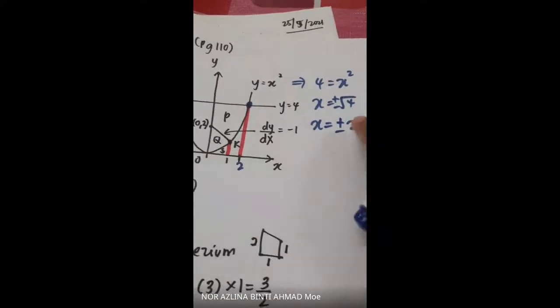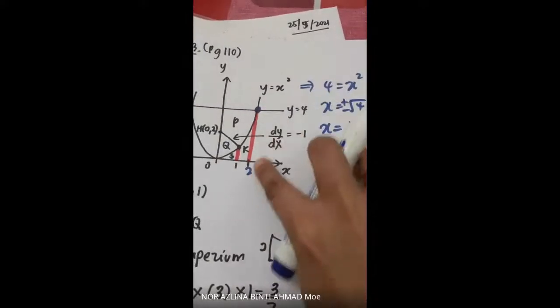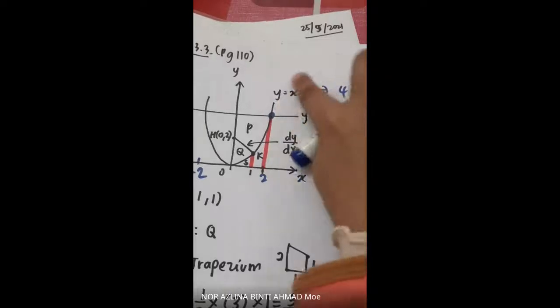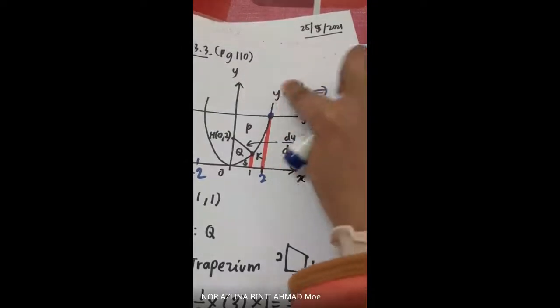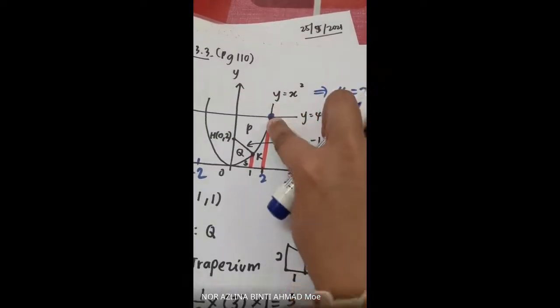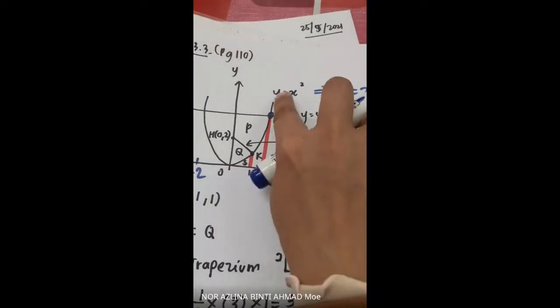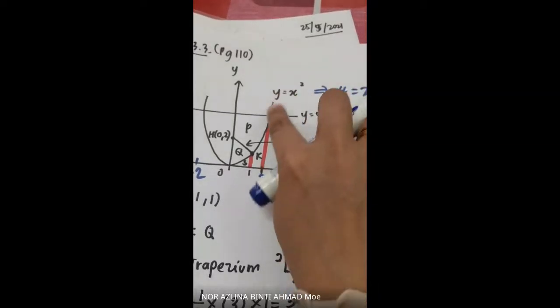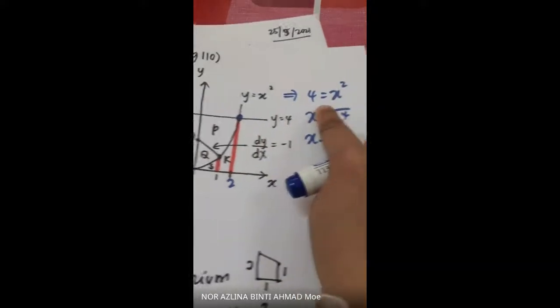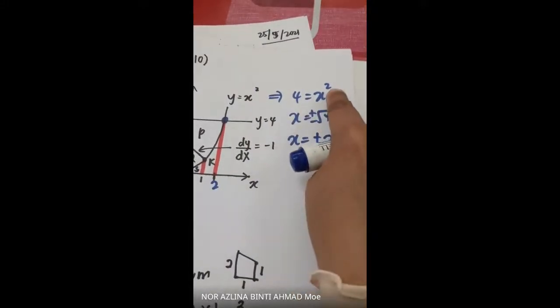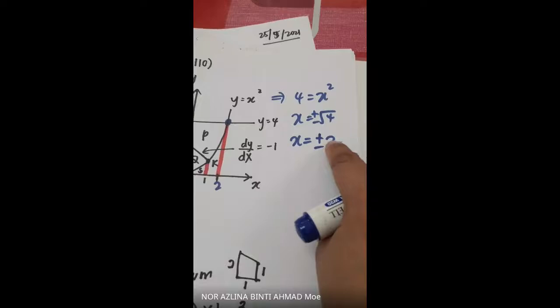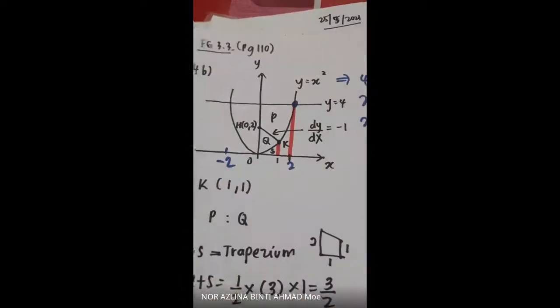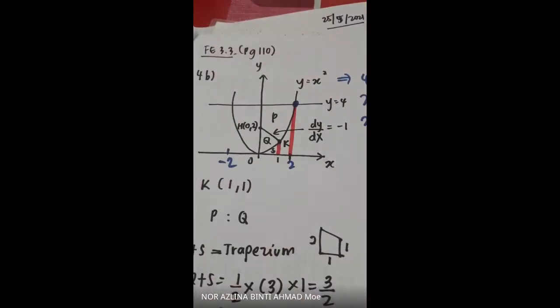Setakat ni boleh faham nak cari point, this point 2 from this function, y equals 4? Dekat sini bila Y sama dengan 4, berapa nilai X? So gantikan Y equals 4. This is equal to X squared. So X is plus minus 2. So right hand side 2, left hand side negative 2. Sampai sini boleh faham?